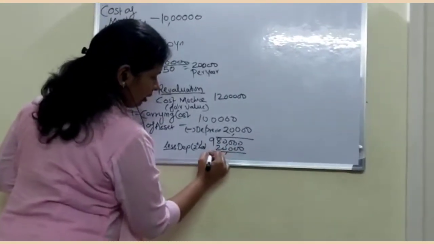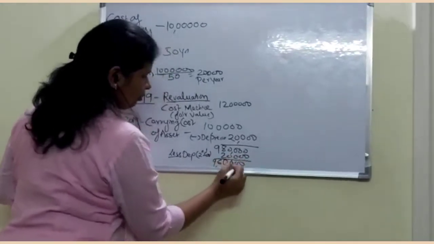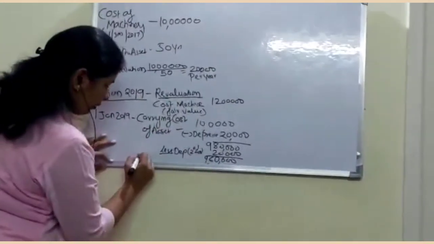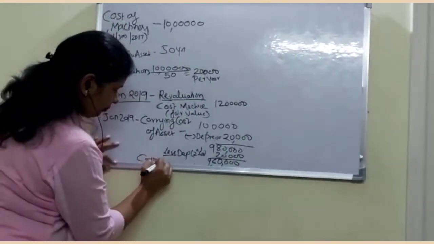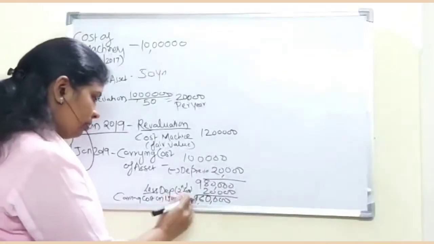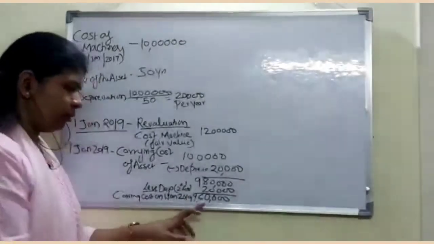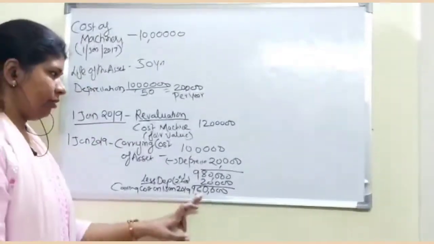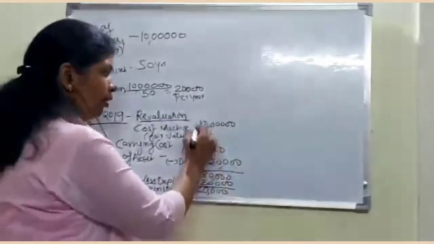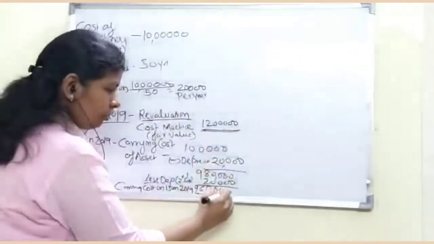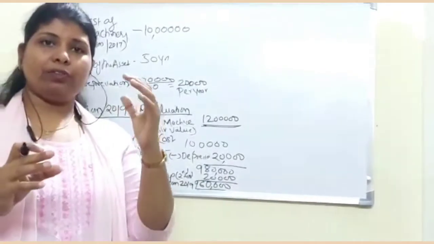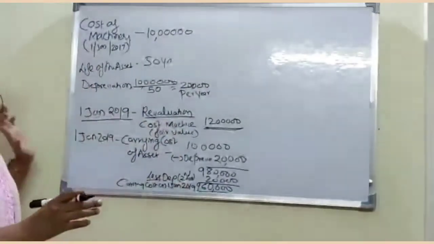So it will come to 9,60,000 rupees. The carrying amount on 1st January 2019 is 9,60,000, but when the revaluation was done, the machinery came to around 12 lakh rupees.